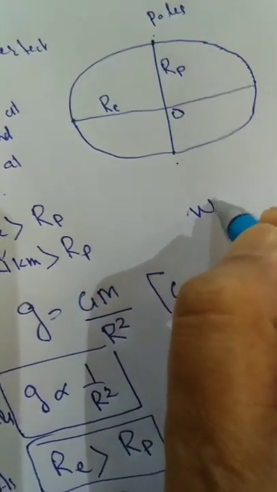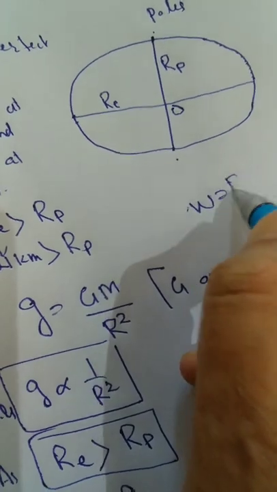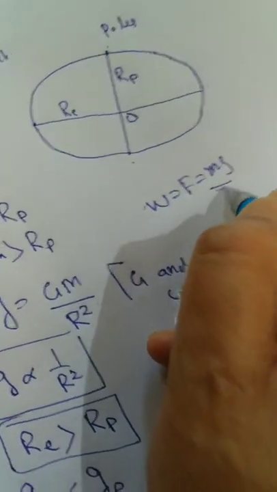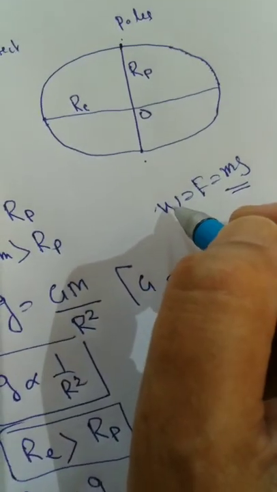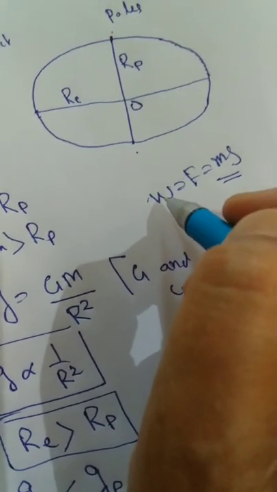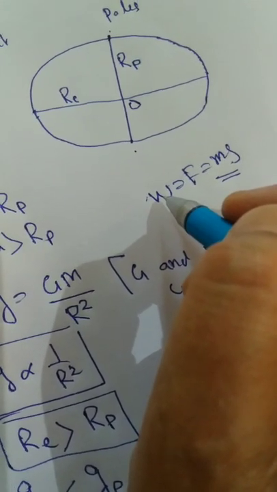We know that weight is equal to force, that is mg, mass into acceleration due to gravity. That is why the weight of a body increases when it is taken from the equator to the poles.